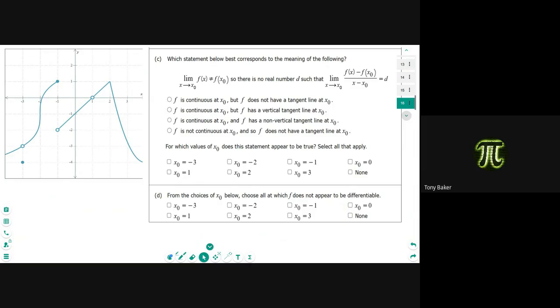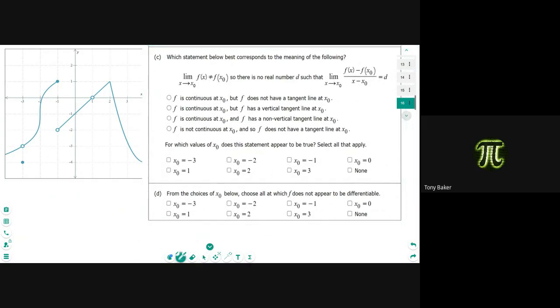And there is no real number d that the difference quotient works. So this question, I think, should be easy. If the limit of f of x as x goes to x naught does not equal the f of x naught, what does that mean? It's not continuous. The function's not continuous, and there's only one option that says that. We can eliminate that one, and that one. So this is the only one that works.